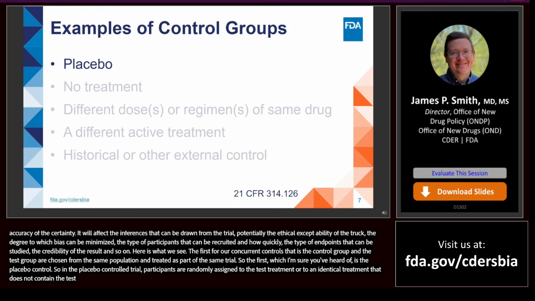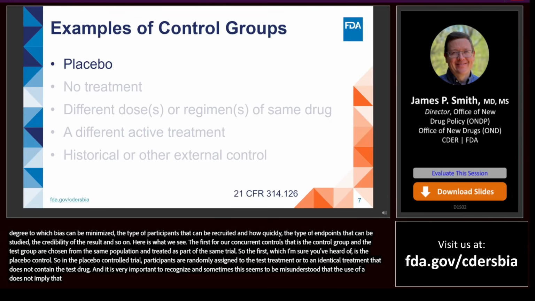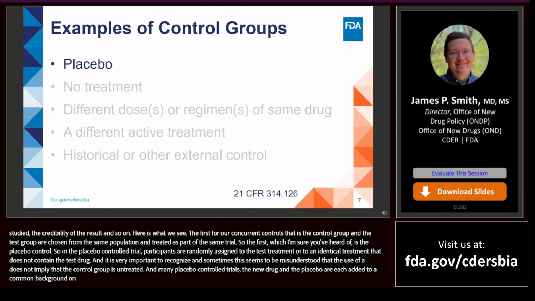These trials are almost always double-blind, meaning that the patients and the investigators don't know what the treatment assignment is. And combined with the use of randomization and blinding, which I'll discuss a little bit more in a bit, this design actually controls for many, if not all, potential influences on the outcome other than those arising from the drug itself.